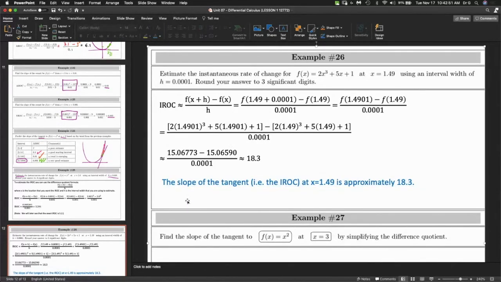We figured out that if we wanted to draw a tangent at x equals 1.49, that tangent would have approximately a slope of 18.3. What is the exact value? This is one that I couldn't do in my head, just because it has some decimals in it. But you will learn some skills where you will find the exact value of it soon.